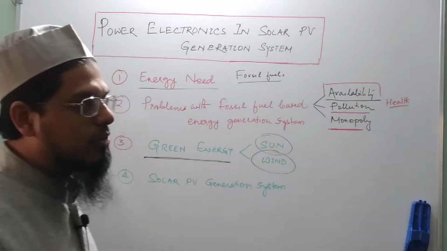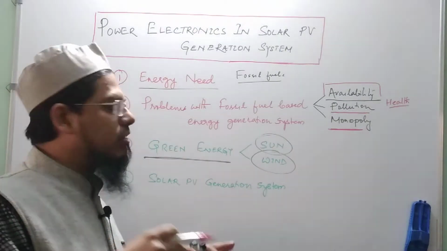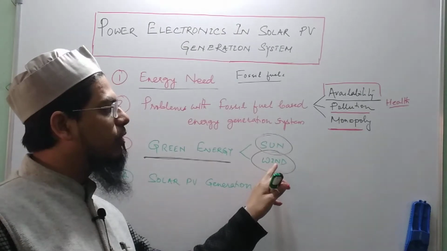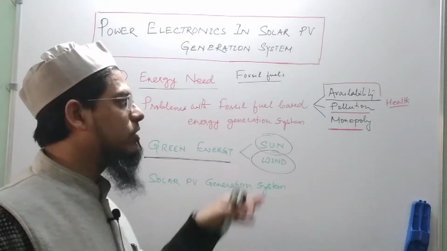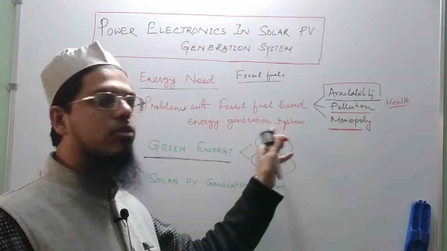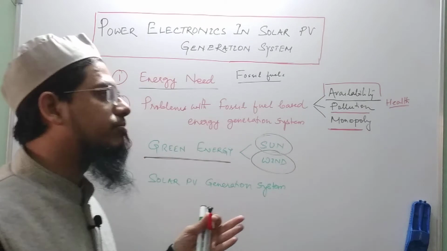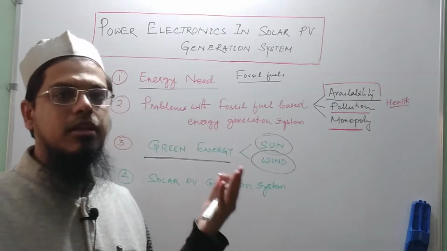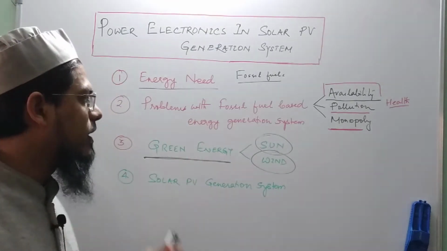The basic powerhouse of the resource is the sun. Wind flows because of the sun only, and there are other resources which are there because of the sun, and the sun is going to last till whenever Allah wishes.